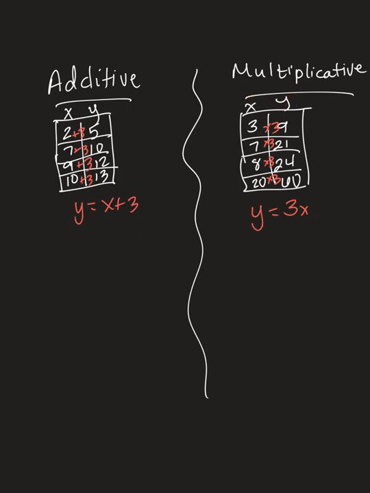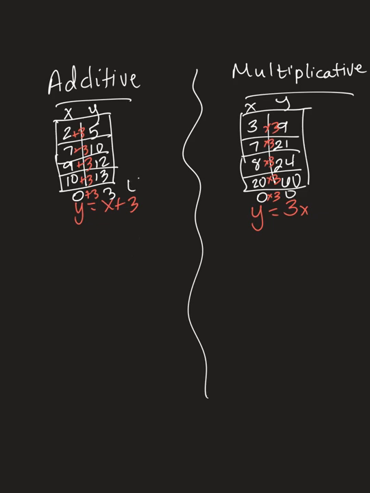Now, one other very important thing is if I put 0 in this table, then what's going to happen? Well, in this one, if I add 3, I'm going to get 3. In this one, if I multiply by 3, I'm going to get 0.